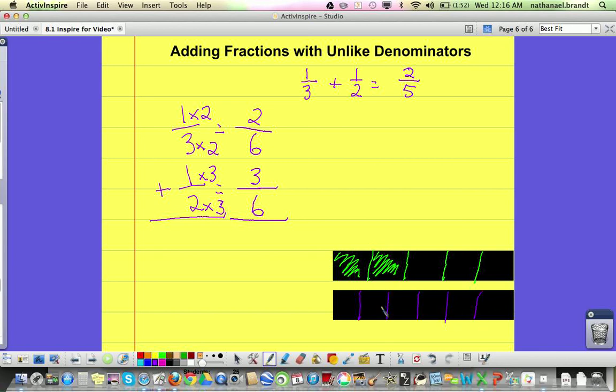So I have 6 pieces, because our denominators are 6, which means each piece is worth 1/6. I'm going to start with my 2/6.